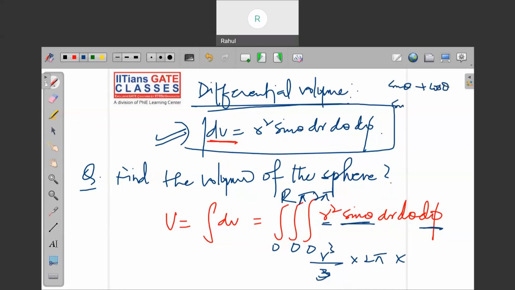So sine theta has integration minus cos theta, right? Let me raise this and write properly.